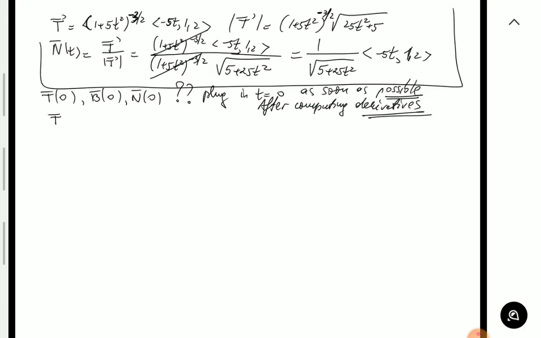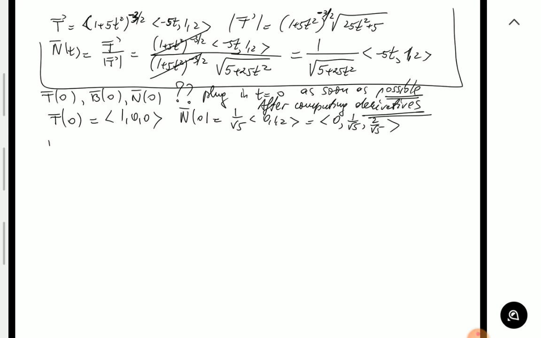I can just go back to the previous page, where we have the unit vector t of 0, which is going to be 1, 0, 0. The normal at 0 is going to be 1 over root 5 scalar multiple with 0, 1, 2. I can put it inside now because I need to prepare it for the cross product.